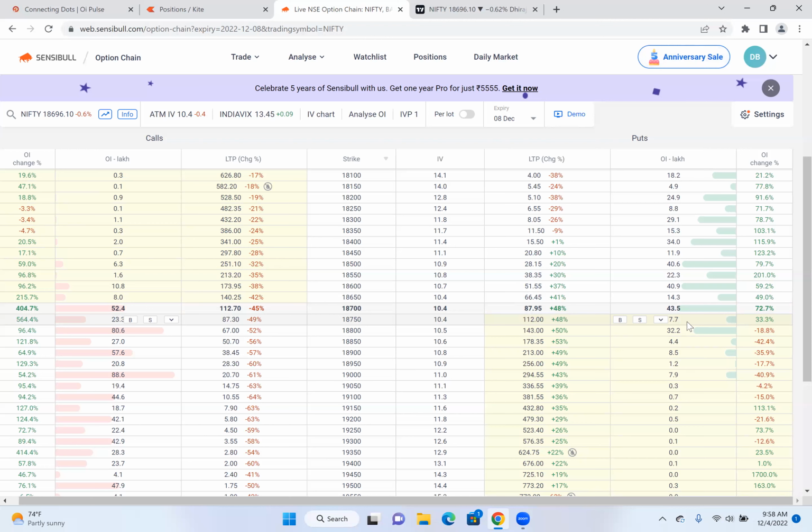So this 88.6 or the 19,001 which is there for call, that indicates the number of open contracts, right? Correct. So basically, if you look beyond 18,700, or the 80.6 or 57.6 or 88.6, these indicate that there are quite a few people who have taken a position against the market.